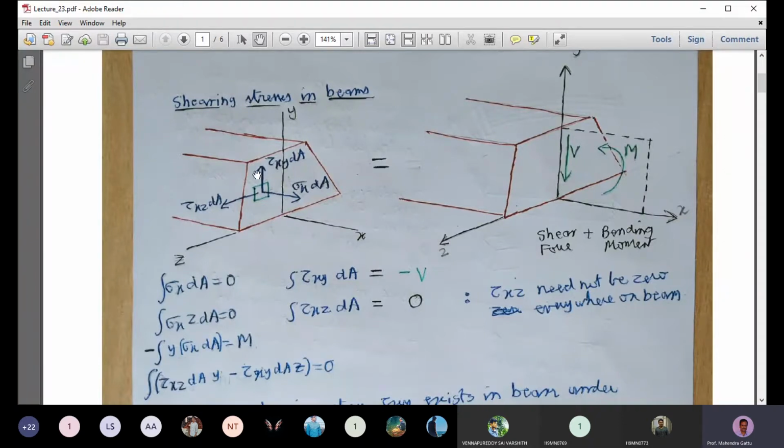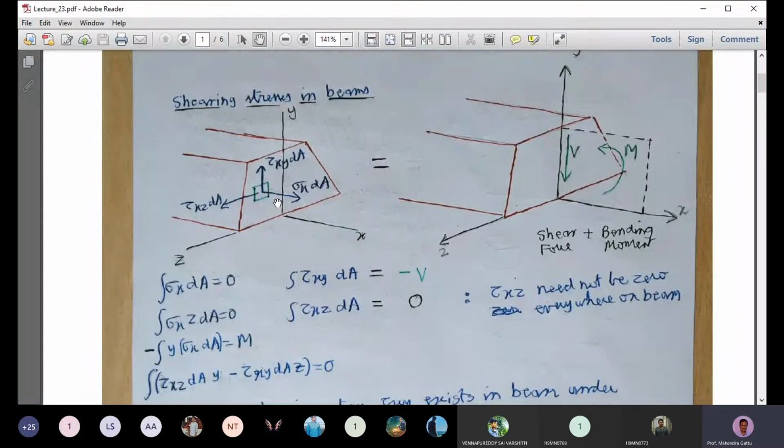So the resultant of all these internal stresses can be shown as two quantities. One is the vertical shear force V, acting in the downward direction, and the other is the bending moment M. We identify the symmetry plane and show the shear force and the bending moment there.